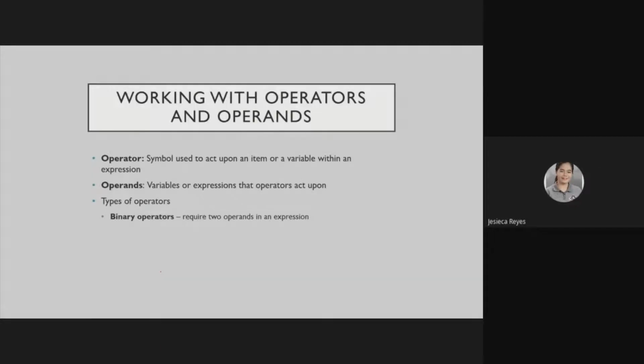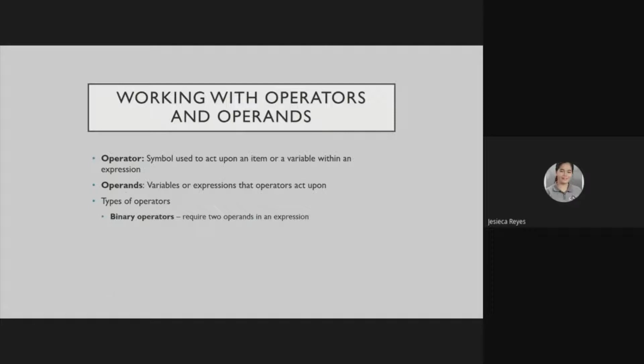Now, you can work also with the operators and operands in JavaScript, wherein the operators are symbols used to act upon an item or a variable within an expression. So you can work also with an operand in an expression.